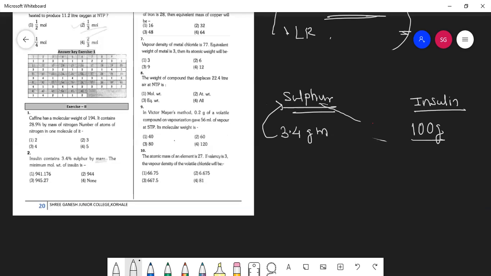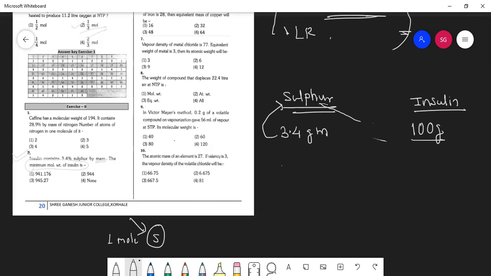Yes, sir. Now, what is asked, students? Minimum molecular weight of insulin. And I told you how to solve this minimum. Minimum means at least one sulfur you will take. Minimum means at least one sulfur, right? Then tell me, what is the molecular weight of sulfur? 32.